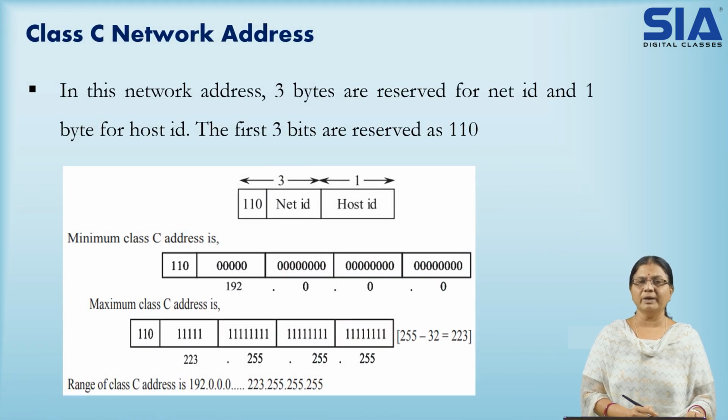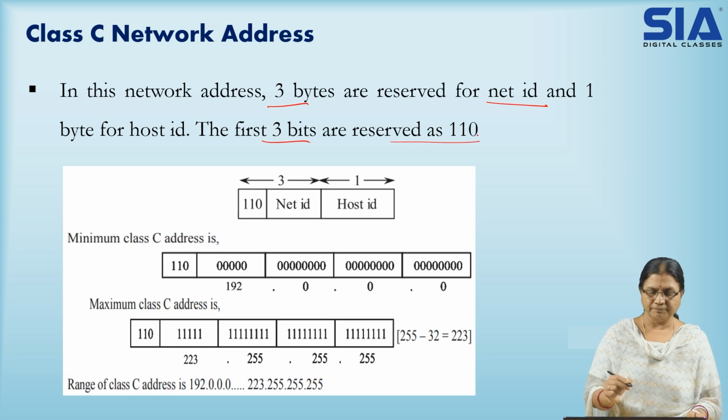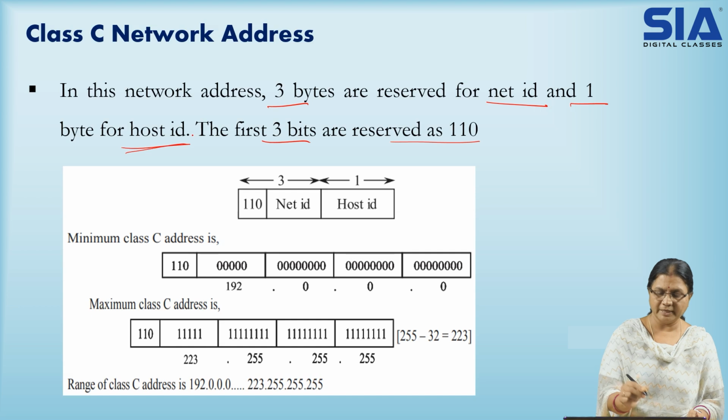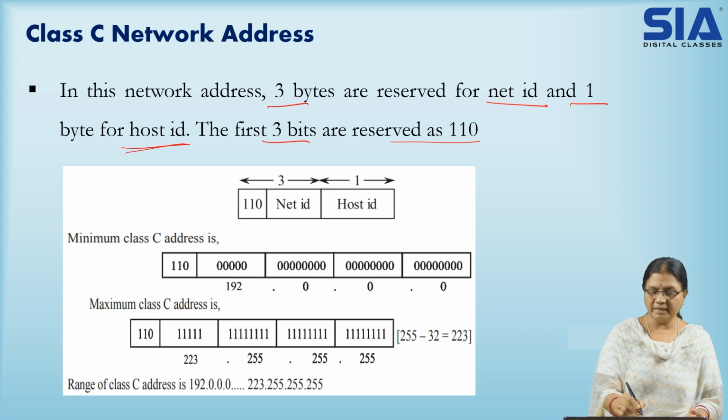Then class C network has 3 bytes for network and 1 byte for host ID. The 3 leading bits are reserved as 110. First we saw 1 and 3, next 2 and 2, and here it is 3 for network and 1 for host.